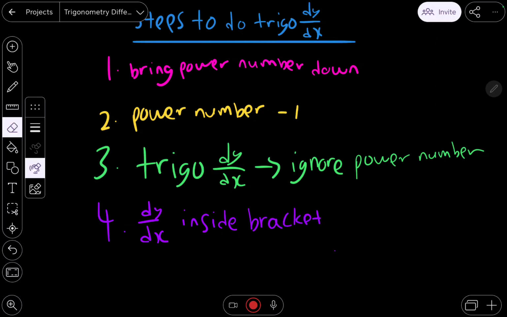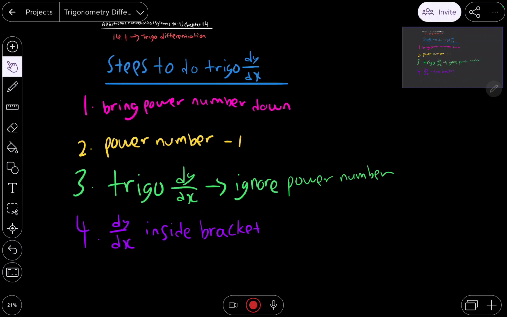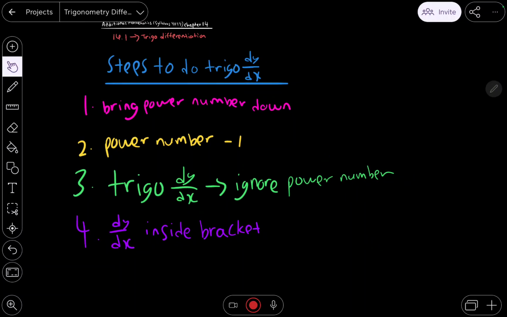Alright, so what do I mean by the third step, where you do trigo differentiation and you ignore the power number? What I mean is you just ignore the power and just focus on differentiating whatever you have to differentiate. Later as I'm doing the exemplar question, I will emphasize the ignore power number part so you know what I'm talking about, which will happen later in this video.